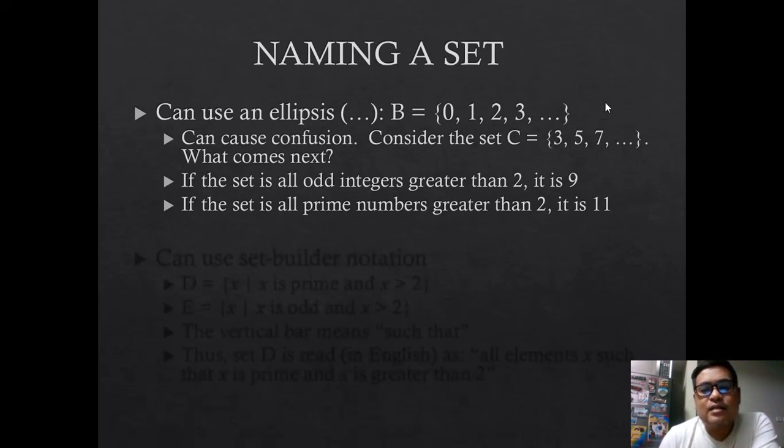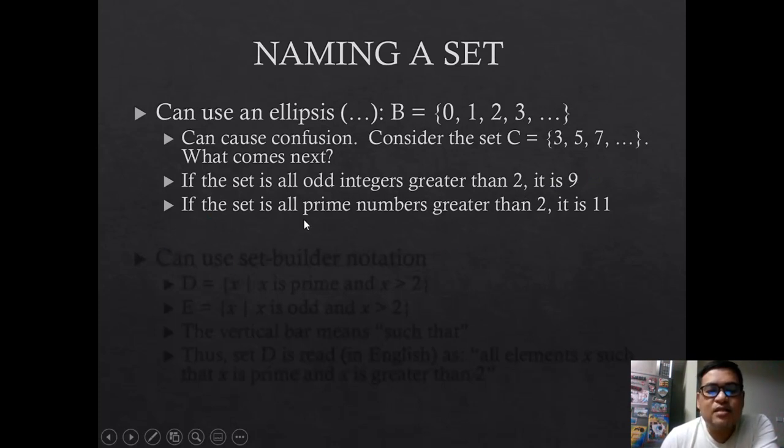But sometimes ellipses have a certain limitation. If the set is all odd integers greater than 2 and less than 9, this will be 3, 5, 7, because it has definite characteristics.